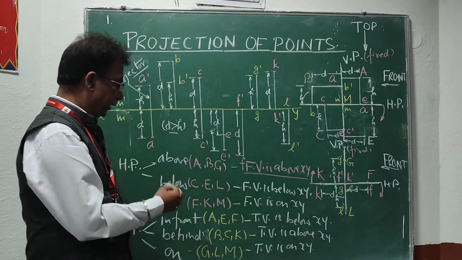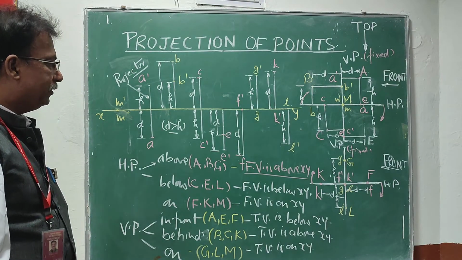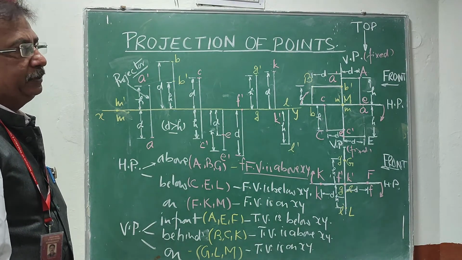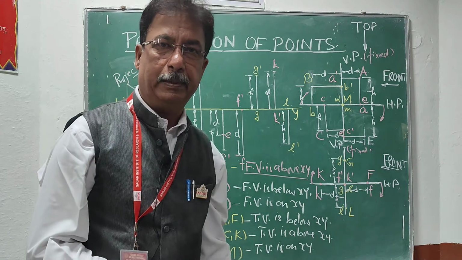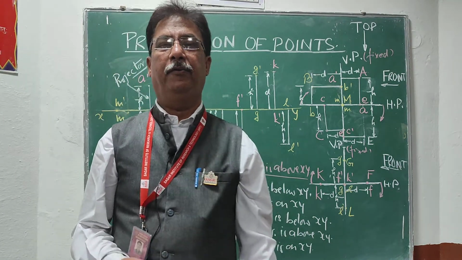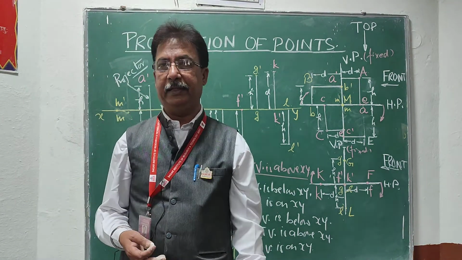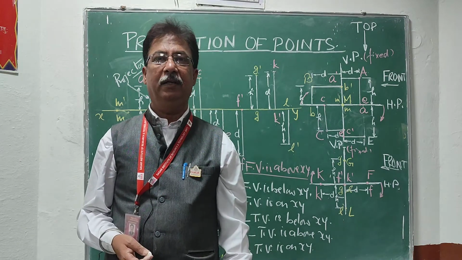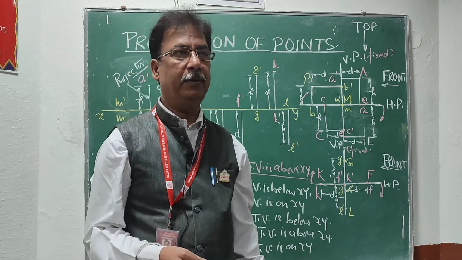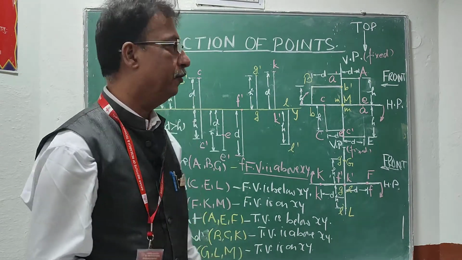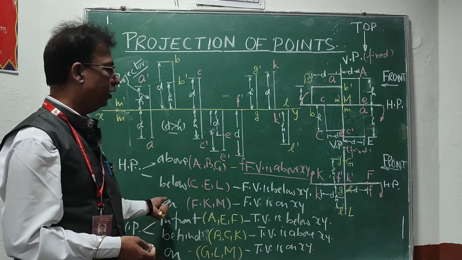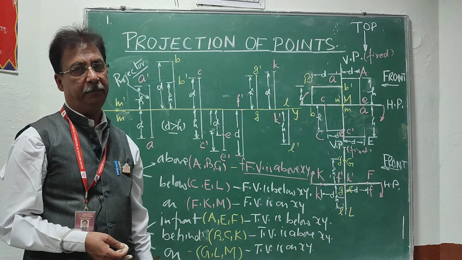So if we understand these 6 concepts, then we can easily plot any point in our notebook when the point's position is given in space. Vice versa, whenever we see the position of the point in space, we can read the position of the point with respect to the planes.